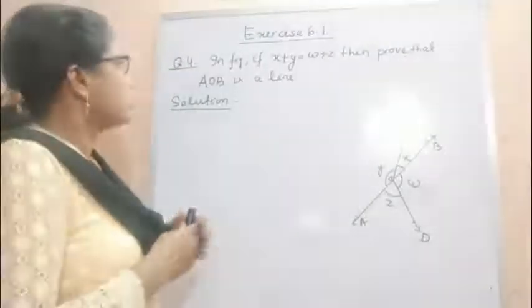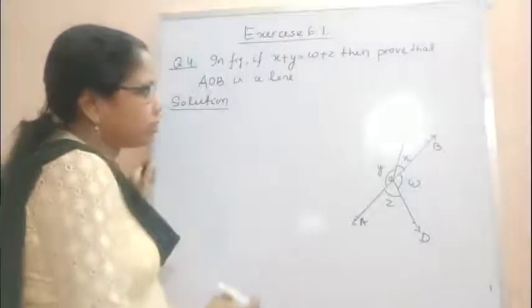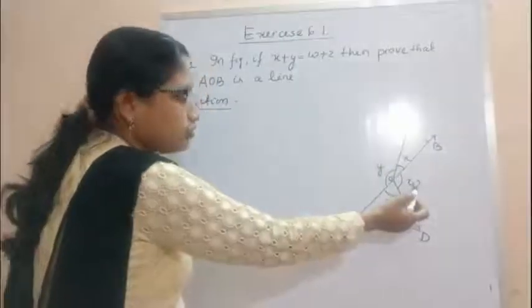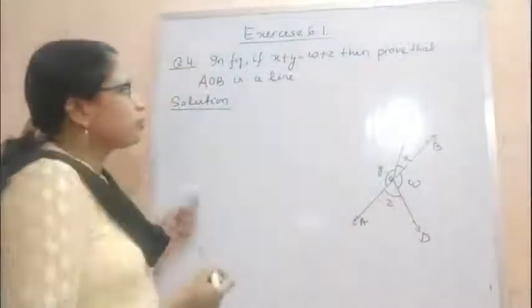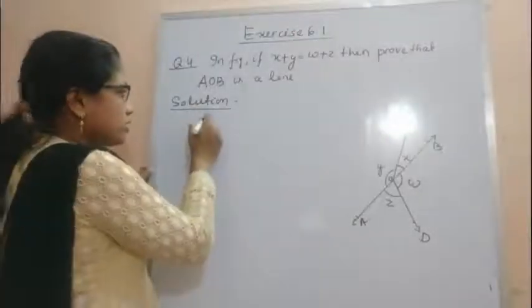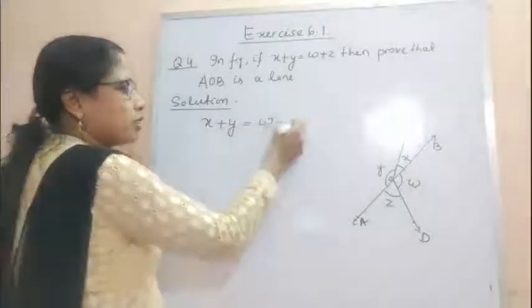So next question, question number 4. In the figure, x plus y is equal to w plus z. Then prove that AOB is a line. So it is given that x plus y is equal to w plus z.